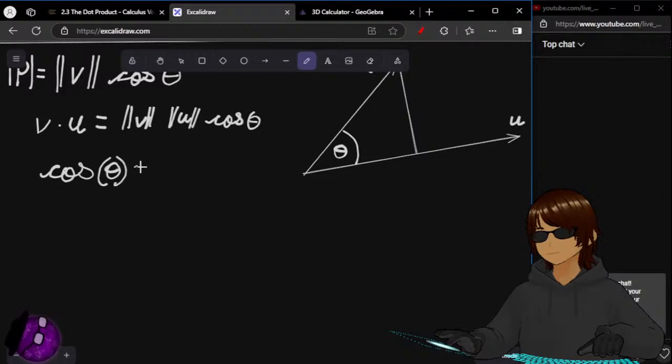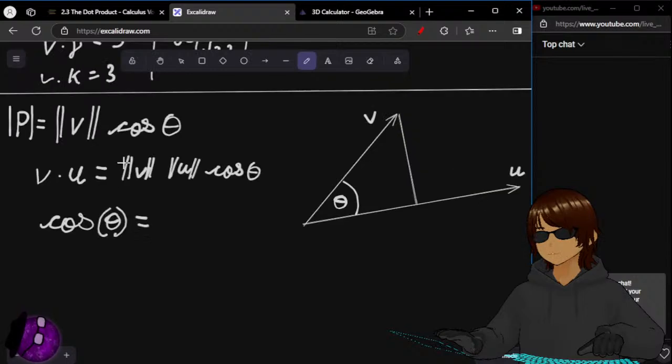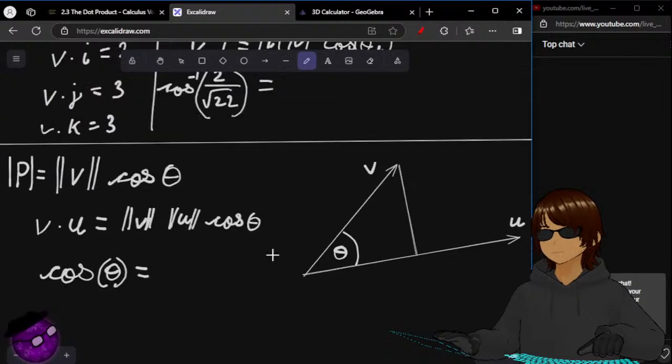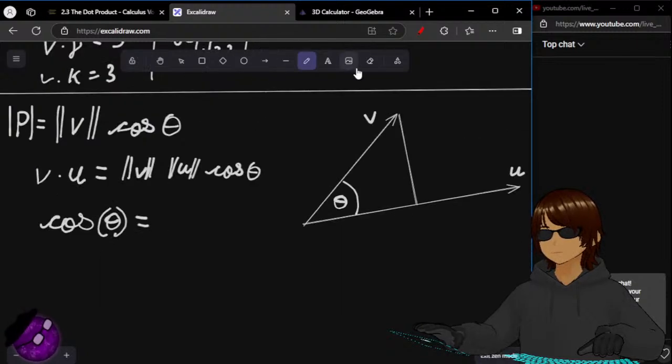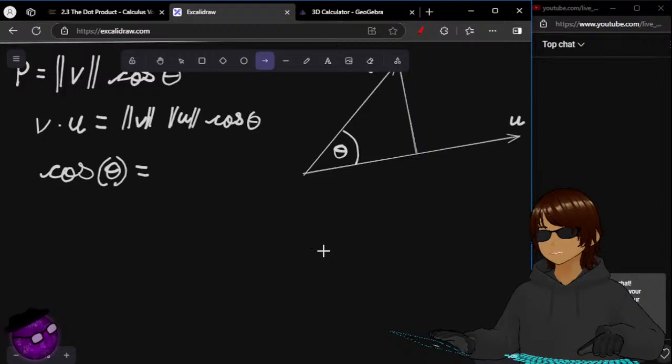So cos theta is, hold on, no wait, I don't think this is correct, because if it's like this, theta is really big, like more than 90 big.